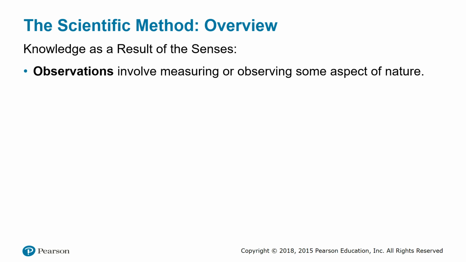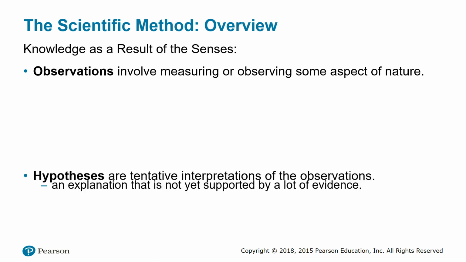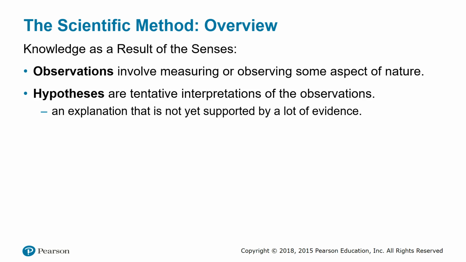And then I can do tests as to why. All right. So a hypothesis is a tentative interpretation of an observation. So we see something, we observe something, and then we make a tentative explanation or interpretation of it, that I think this happens because, or if I do this to something, this will happen.